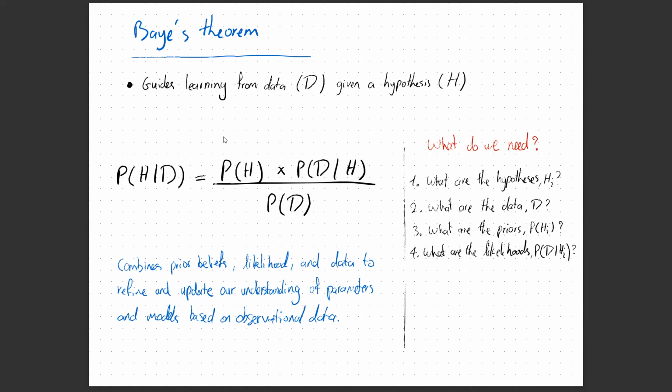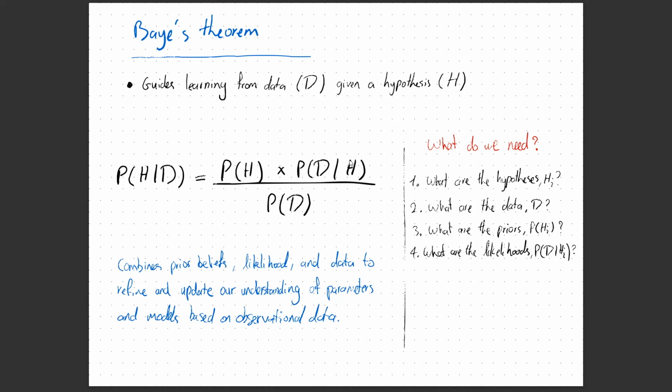The prior is the initial probability assigned to the hypothesis before considering the data, while the likelihood is the probability of observing the data given the hypothesis. Combined, we are able to update our understanding of parameters and the models based on the observational data.